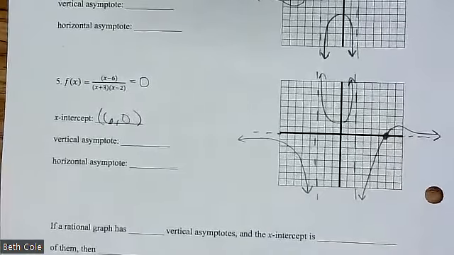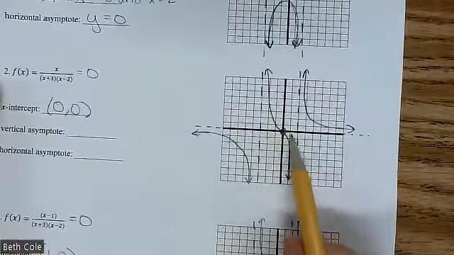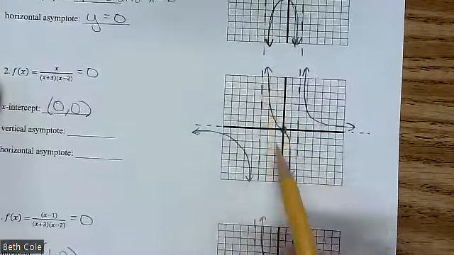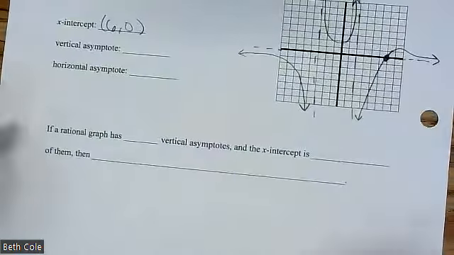But here's the takeaway. This is the point of why I did this, because people get confused when there are two vertical asymptotes. If the x-intercept is in between them, what do you get? Like a squiggle wiggle, okay? And if the x-intercept is outside of them, you get this extra turn in the graph. And I put that little sentence down here.